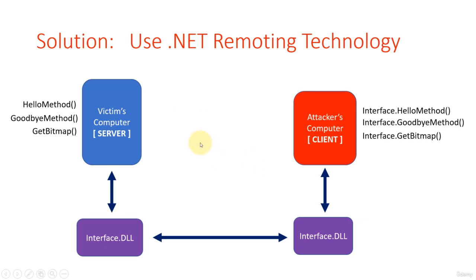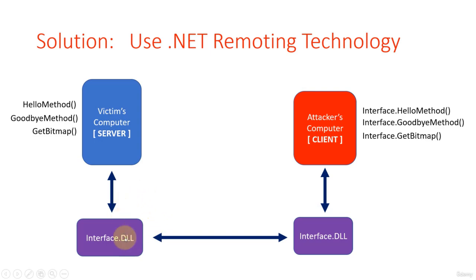In order to make it easy to send and receive data and so on and so forth, we do not want to concern ourselves with low-level network programming. So how do we solve that? Easy. We use .NET remoting technology, and in this diagram you can see that all the low-level network protocols and network communication are separated into another DLL called the interface DLL.